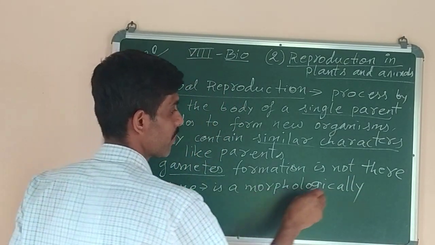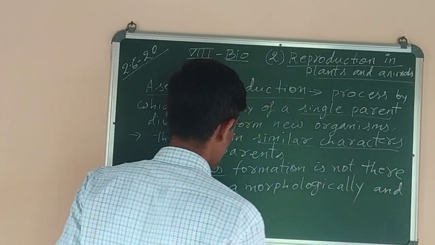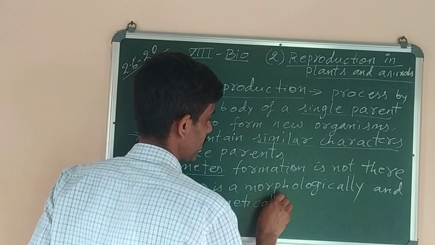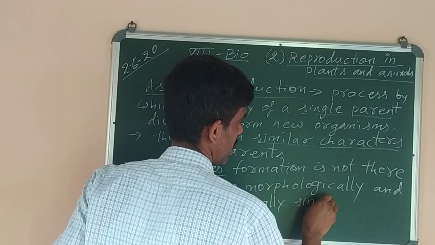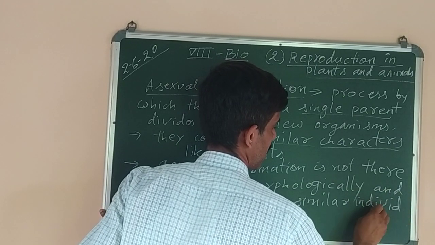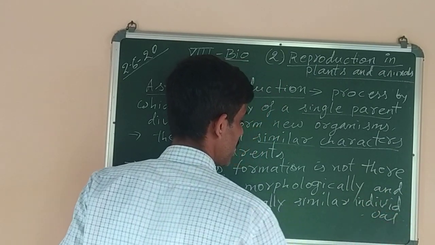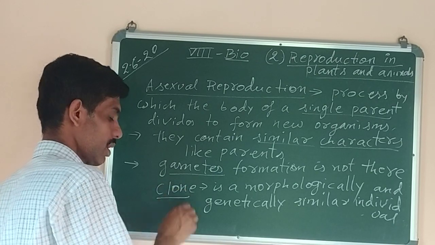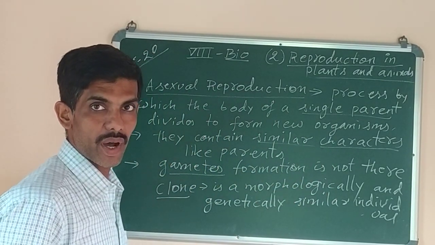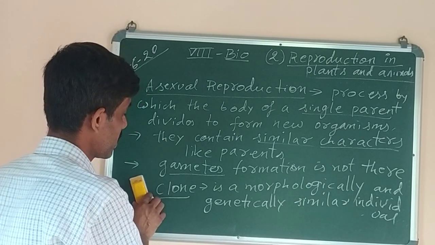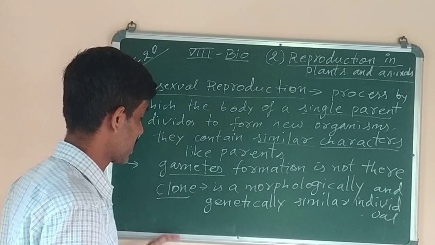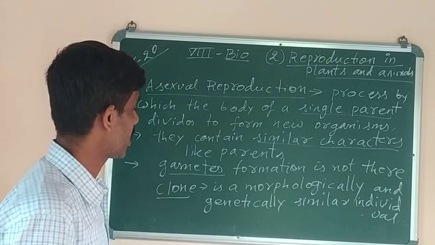So clone is a morphologically and genetically similar individual produced from a single parent. You may have heard the word clone. Like the first organism to be cloned was Dolly, a sheep, which was prepared from a single parent which shows similar characters. They are also called the carbon copy of the organism.